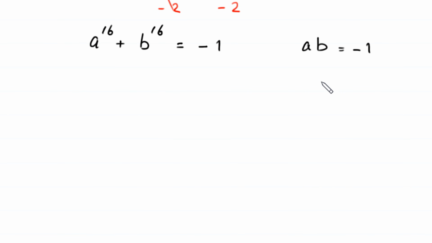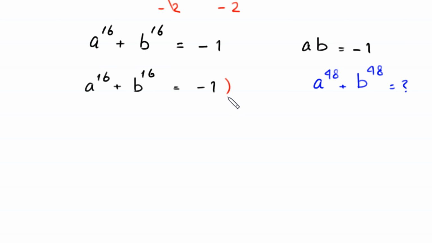Since we have to find the value of a to the power 48 plus b to the power 48, from this equation we take a cube of both sides. This is a to the power 16 plus b to the power 16 equal to negative 1, and we take a cube of both sides.